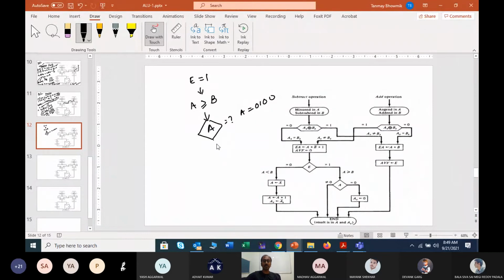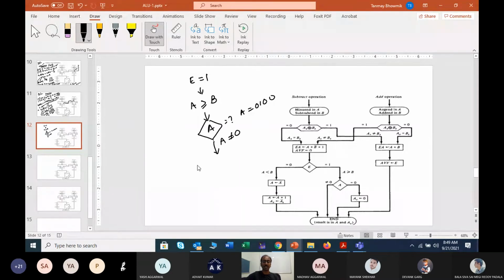So that means A is not equal to 0. So in case of A not equal to 0, what will you do? You will simply print your result. You can see E equals 1, A greater than or equal to B, A not equal to 0 is directly coming to the endpoint. So that means it is simply your result.